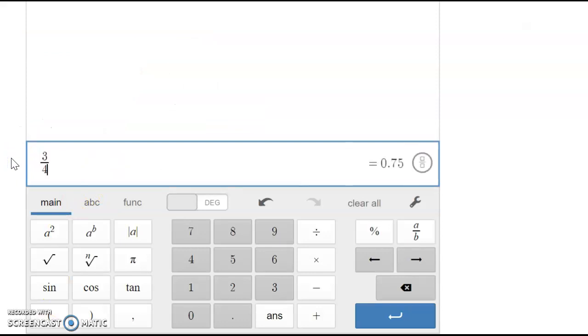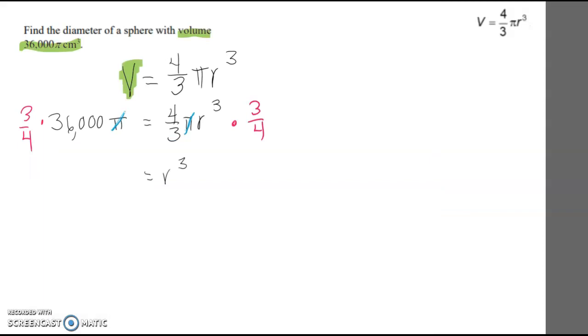So 3/4 of 36,000 is 27,000. So r cubed is 27,000. If I have a cubed here, in order to get rid of it, I want to take the cube root.